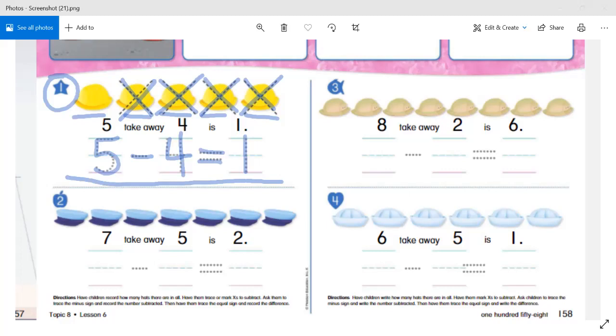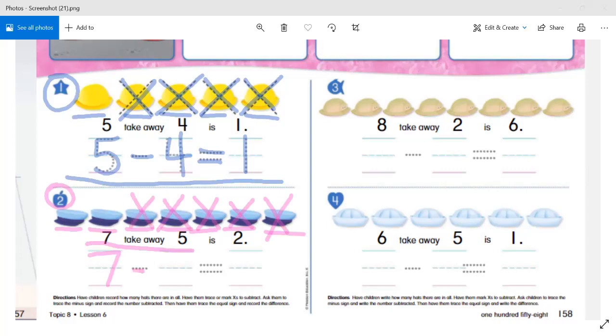Let's look at our next problem here, number 2. Let's count how many hats in all. 1, 2, 3, 4, 5, 6, 7. So we're going to write 7. 7 hats in all. Over here, it says 7 take away 5. So let's put an X on 5 of these hats. 1, 2, 3, 4, 5.